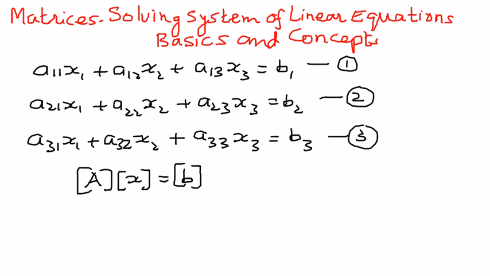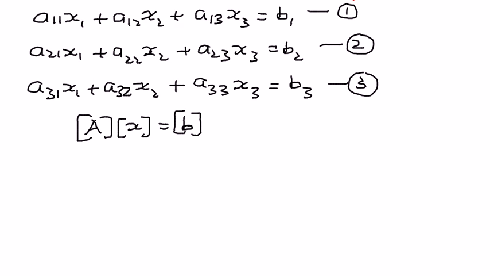How can we do that? Let me write that here. If we were to take the coefficients of x1, x2, and x3 and write it out as a matrix, that is called the coefficient matrix. We have seen that when we were talking about matrices in my earlier presentations.